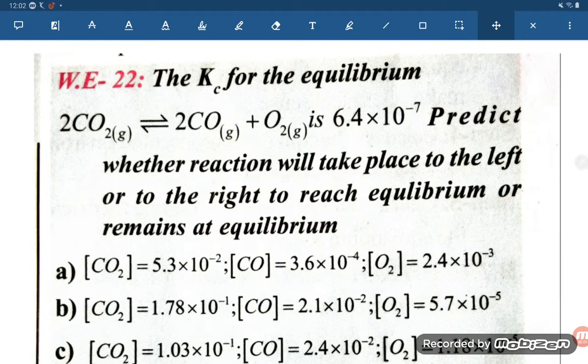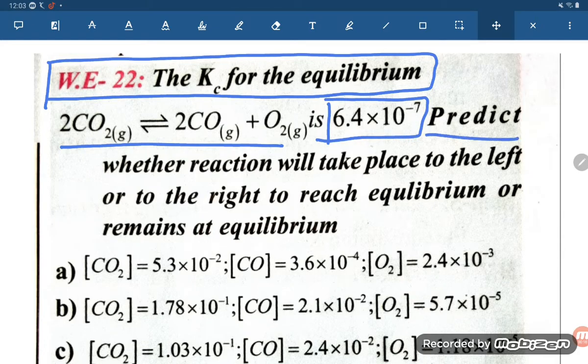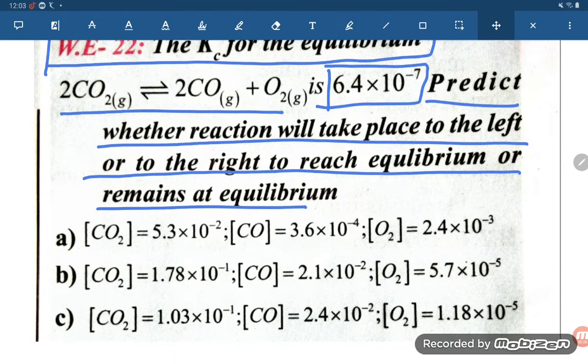Hello students, let us try to understand question number 22 from the Narayana Need book. The Kc for the equilibrium for this particular reaction is given as 6.4 into 10 power minus 7. Predict whether the reaction will take place to the left or to the right to reach equilibrium, or remains at equilibrium.